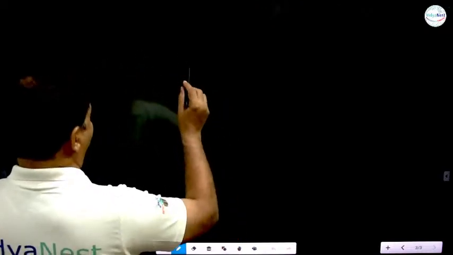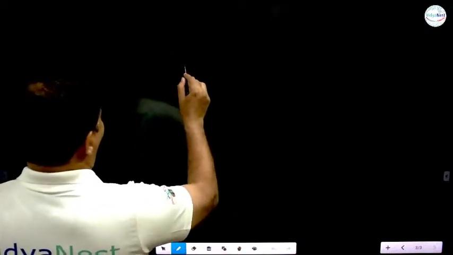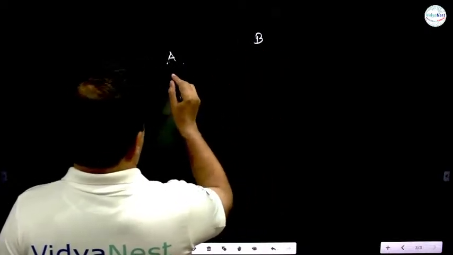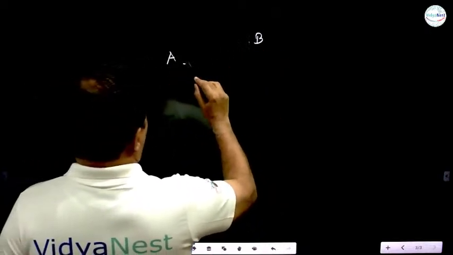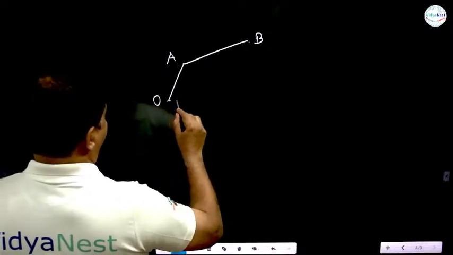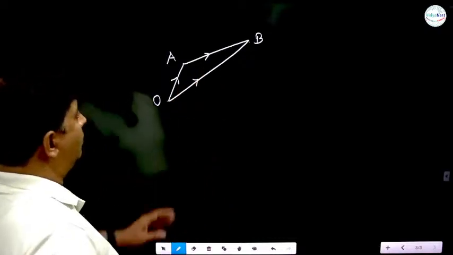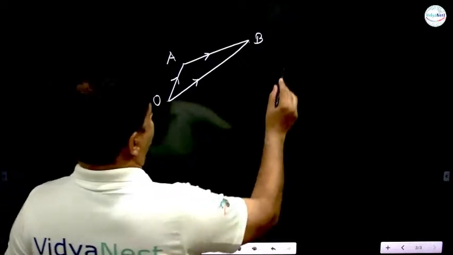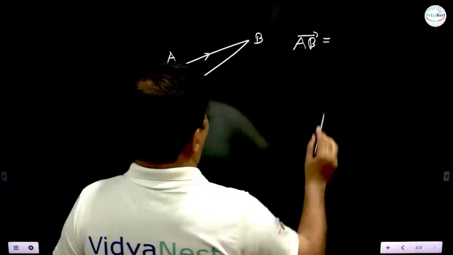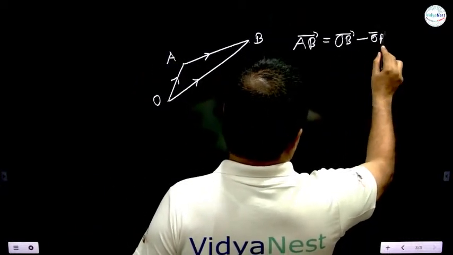See, let there be 2 points A and B. This is O. We know vector AB is OB minus OA, final minus initial.